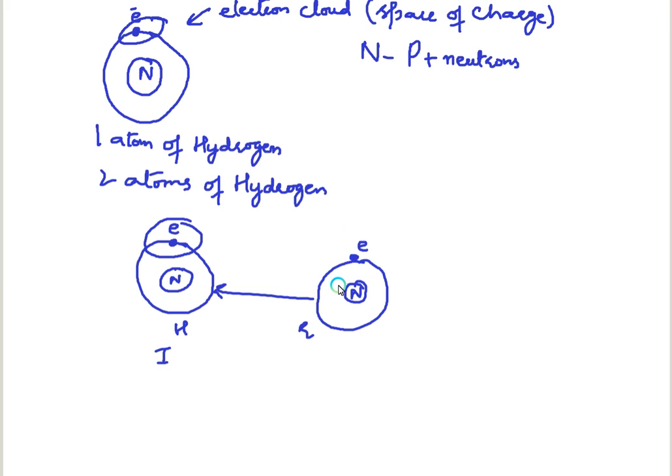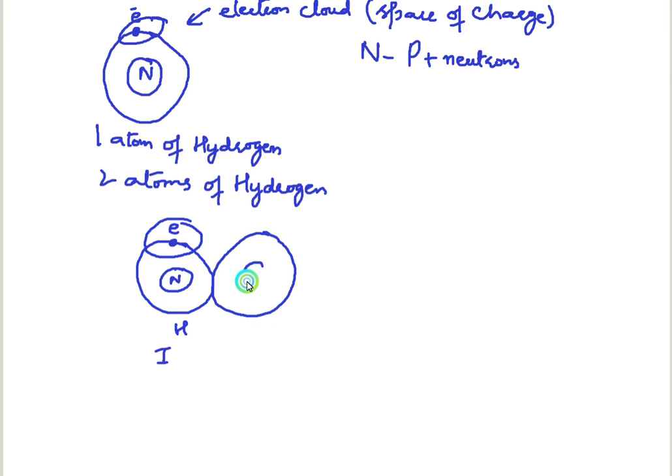Now, if r, which is the distance, keeps on decreasing and they reach a point where it is like this, can you tell me how close they have come? They have come close to one another so that there is some kind of interaction. So there is an exchange of energy between the outer shells.